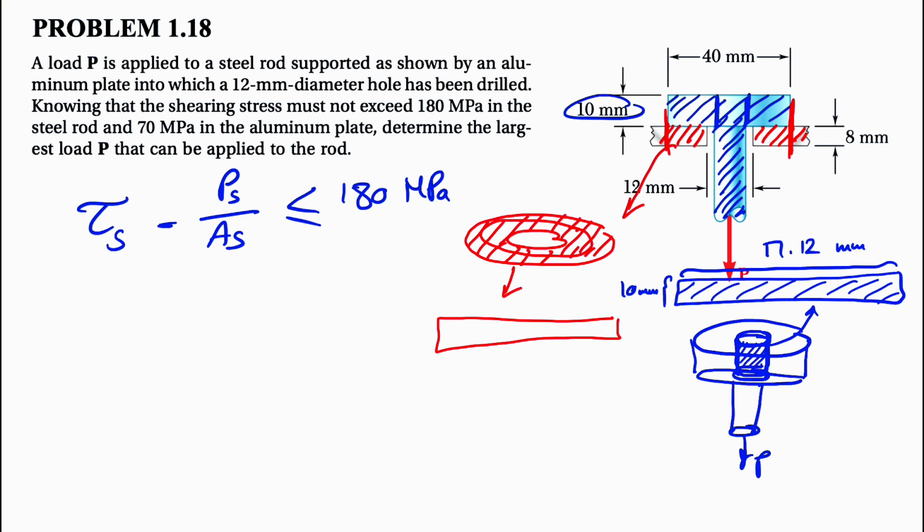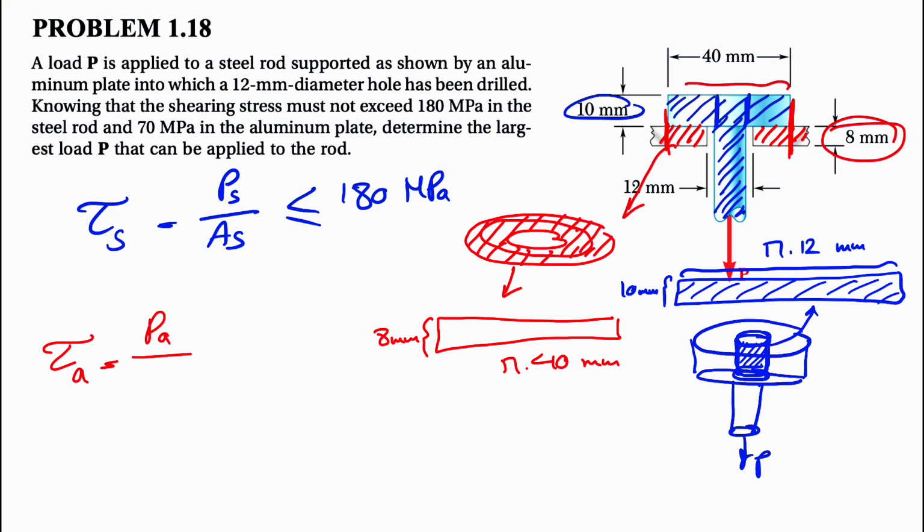This time we have a different diameter, so this will be pi times 40 in millimeters, and the thickness would be the thickness of the plate, which is 8 mm. Same story here: we have the shearing stress in aluminum, the force in aluminum divided by area, which is pretty easy. We have this rectangle, pi times 40 times 8, and this cannot exceed 70 megapascal.